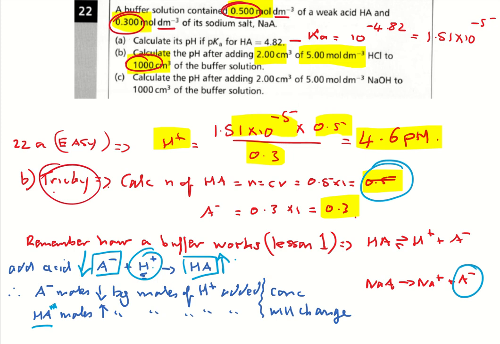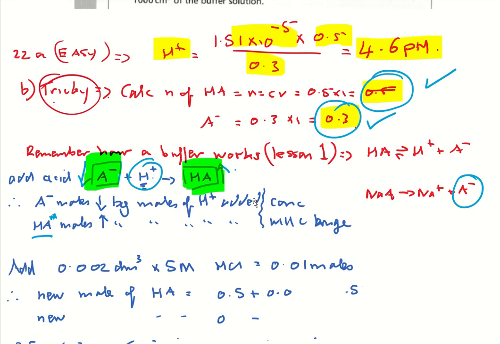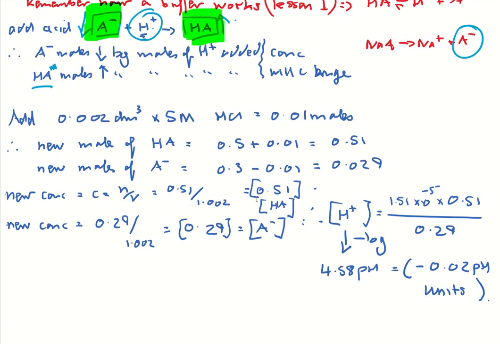And if you increase the number of moles of acid and decrease the number of moles of salt, you're also going to alter the concentrations. So what we need to do in this calculation is work out how many moles of salt I have now after I've added my acid. How much does this drop by? And how many moles of acid do I have, and what are the new concentrations of those? Let's see how we do that.